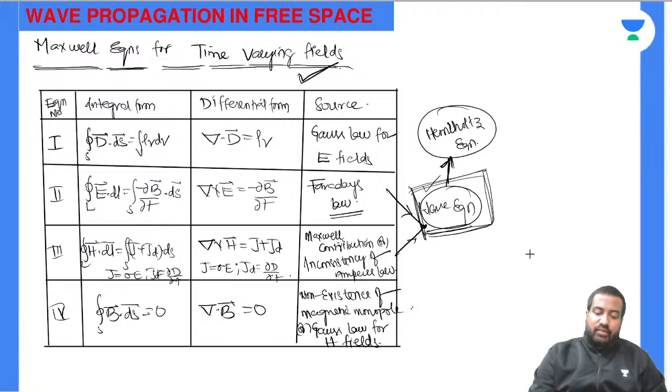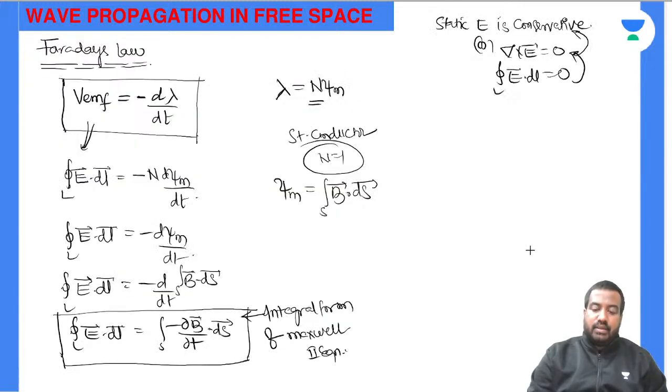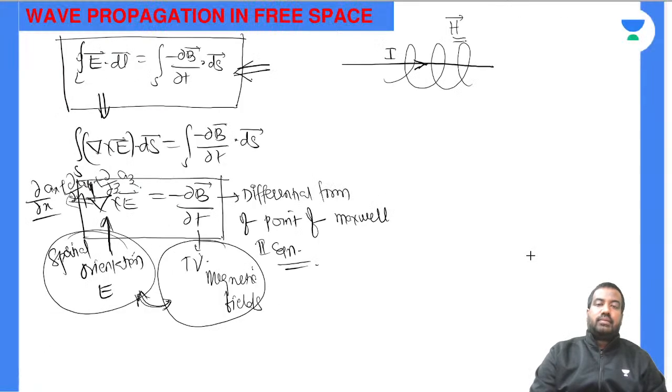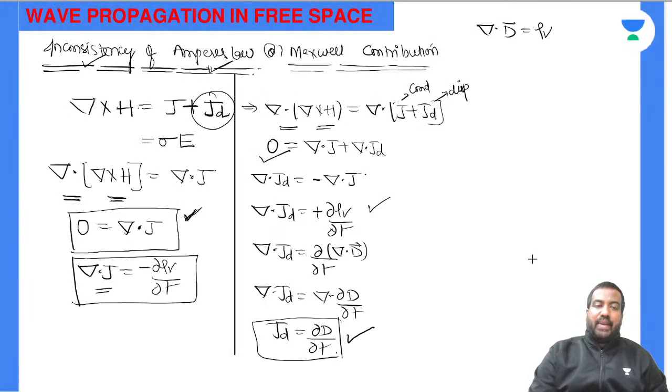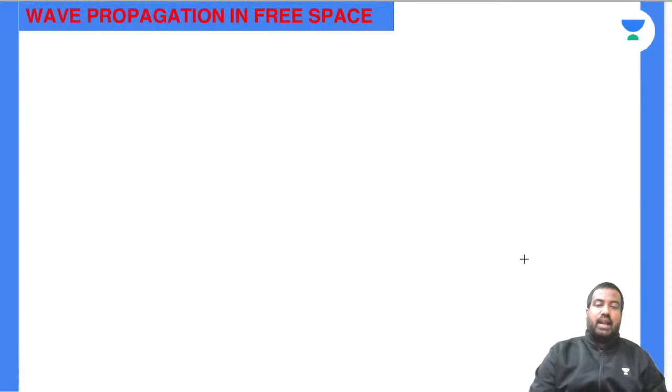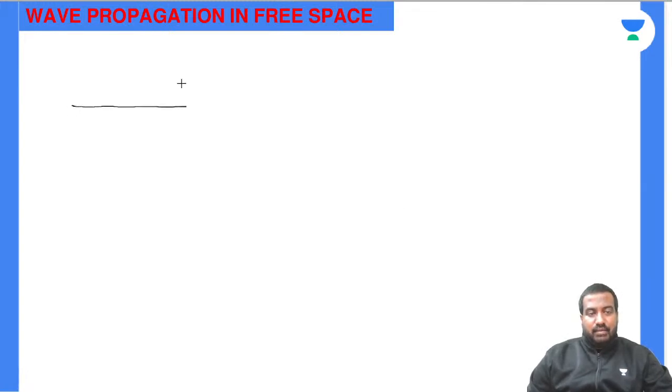The question Bhaskar was asking is, in free space you will have displacement current. In capacitor also you will have displacement current. What is the difference? I'll tell you. Indeed, Maxwell has used this example of capacitor to explain this concept.